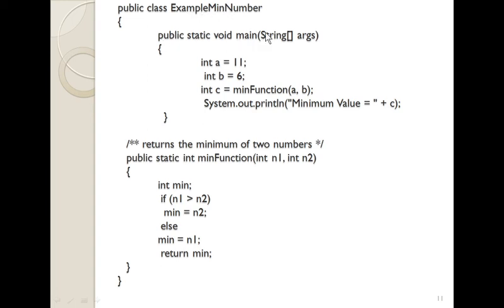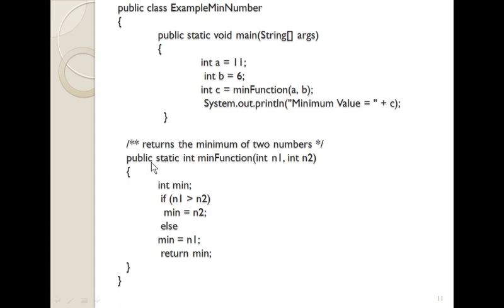Now in the main method I declare two variables, int a equal to 11 and int b equal to 6. Now I take a variable c and I call the method meanFunction with a and b. I pass these two arguments to the meanFunction method.